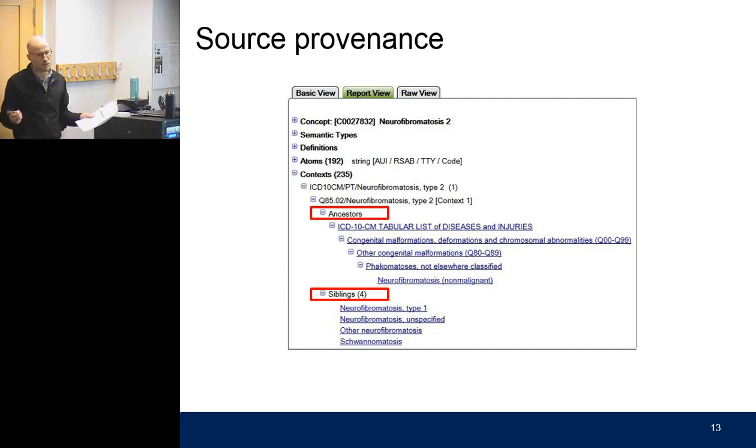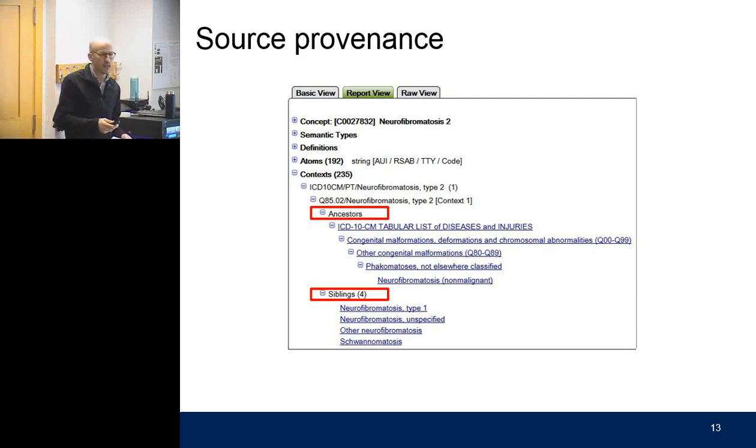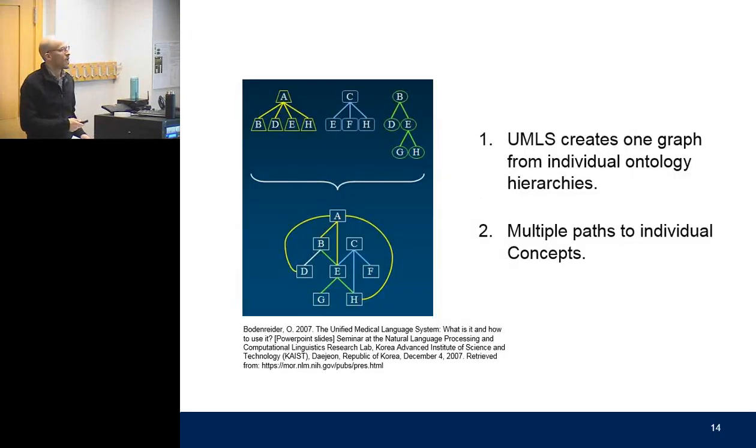And we also see some of its sibling records within its own original hierarchy. So that's the idea of bringing together synonymous terms while also maintaining the provenance of original sources as well. And that idea is represented here by this graph.